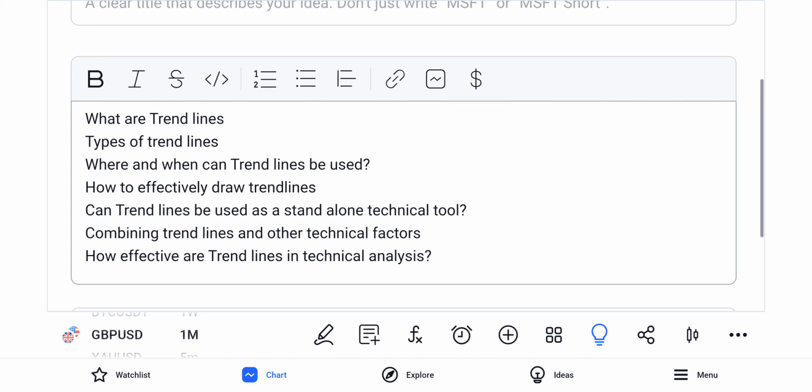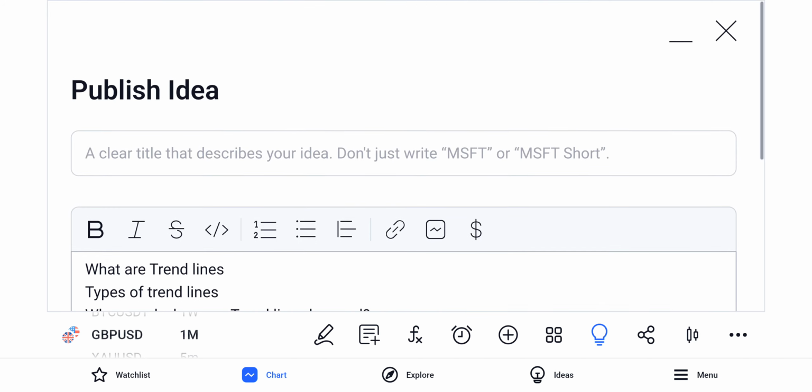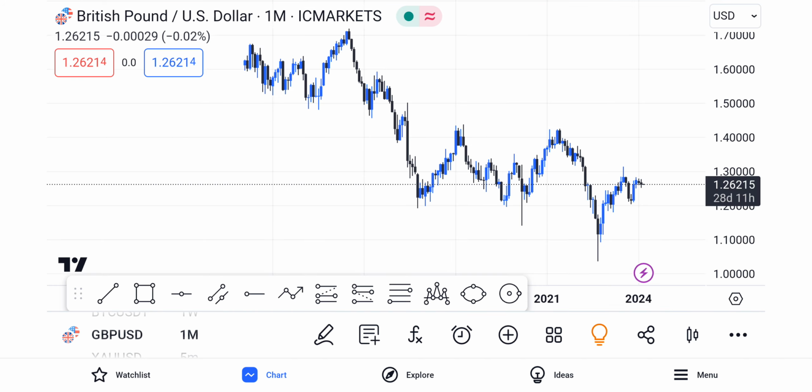So we are going to start off with what trend lines are. A trend line is simply a line that is drawn either from up to down or from down to up, connecting the highs or the lows of a price chart, giving price a sense of direction.